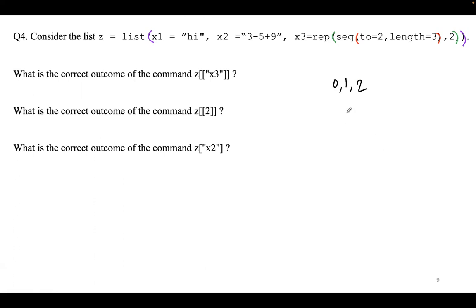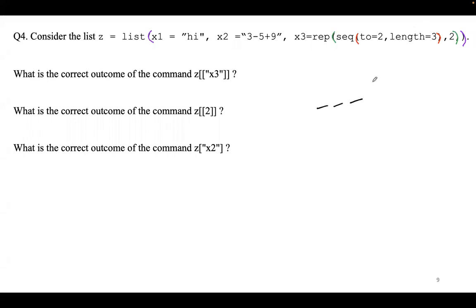Why did you say 1 to 1? So the way you can actually go about it is, basically it means length 3.